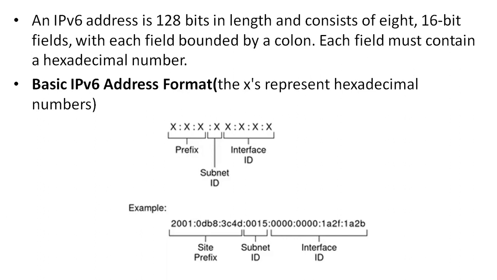Here the X represents a 16-bit field. Of those 8 16-bit fields, the first 3 represent the prefix, the second 16-bit field represents the subnet ID, and the last 4 16-bit fields represent the interface ID. So note down our example and this point.